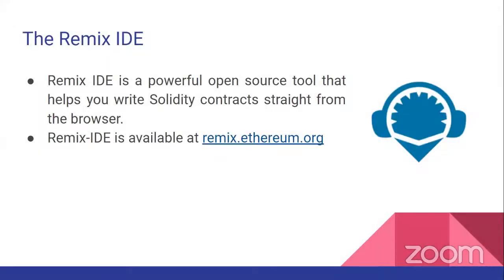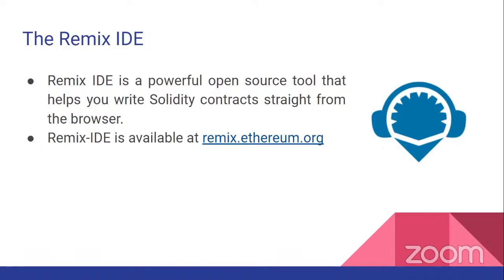Next is Remix IDE, that I've already told you that it is an IDE, integrated development environment, where you are having a compiler, and then you can deploy that contract in a blockchain network that is given by this Remix IDE. So I'll tell you how you can open Remix IDE.